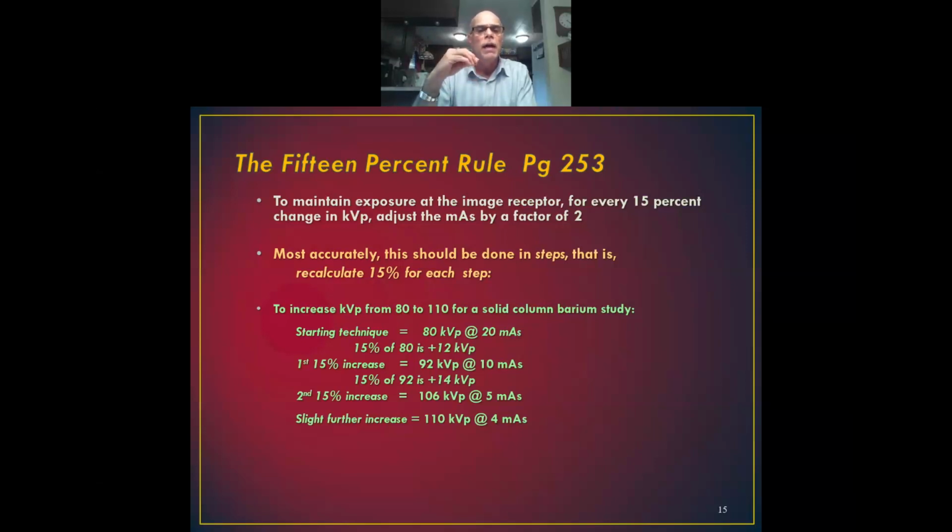We take our new kVp, take 15% of it, 14. We add it to the new kVp of 92. We have 106. We take our new mass, which is 10, and we're going to halve it again. And we're going to stop there because at 106, you're close enough to 110, the kVp you were after.